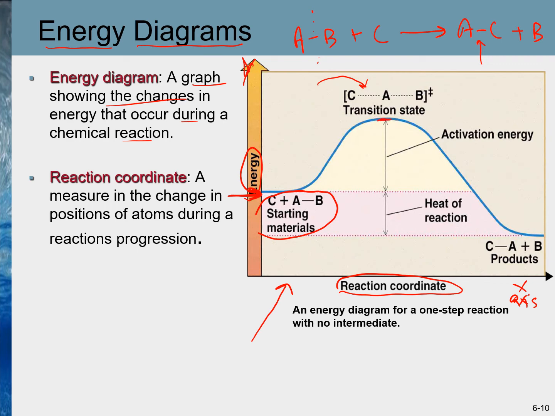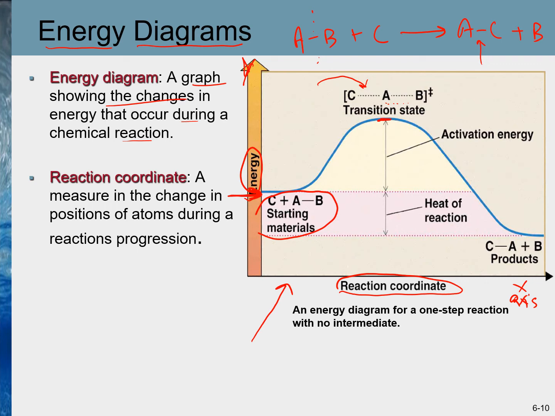Now, transition state is an intermediate state, or an activated state in which the bond between A and B is almost ready to break. Because we need energy to break that bond, that energy is supplied by the collision, by that high velocity collision.